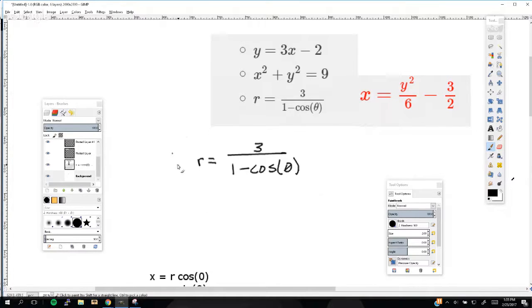Actually, what if we times both sides by 1 over r? I don't know if this is how you do it. I think I might be wrong here. I know that cosine, well, that's not squared.